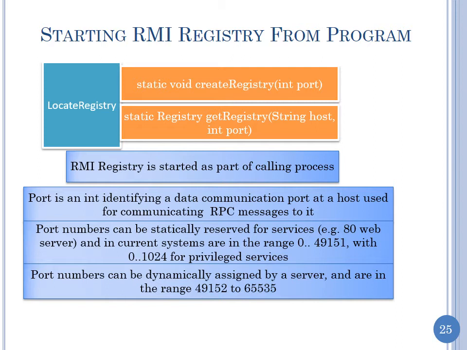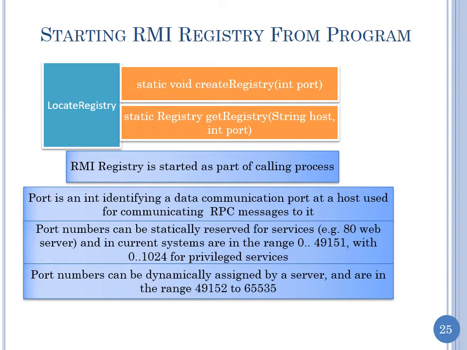Okay, so this LocateRegistry class exists in all processes that use RMI. One of those processes can decide to become an RMI server and do a createRegistry. Another process can do a getRegistry, and that getRegistry will return a proxy to the object created by the first process, magically.